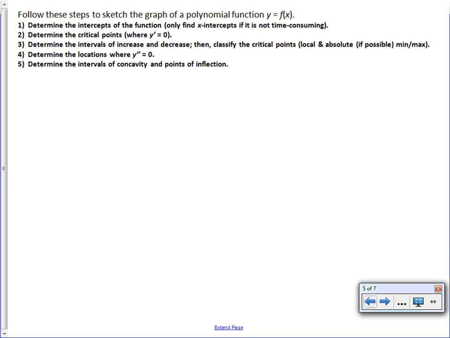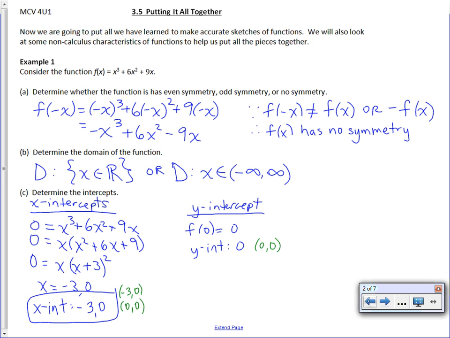So, in the case we just did, it wasn't too horrible to find the x-intercepts because it was nice and factorable, right? Even if this wasn't factorable, the x squared plus 6x plus 9, say it was some other quadratic, even if it's quadratic and it's not factorable, it could still be solvable. I consider that still not time consuming because you're using a formula, you can just plug into your quadratic formula.